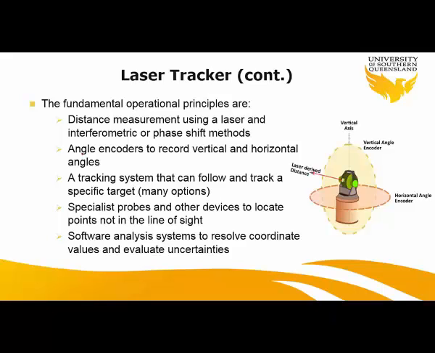It also has the angle encoder, so it measures the distance and angle. So it measures both vertical and horizontal angle. So it gives you the flexibility, and also it can follow the target.